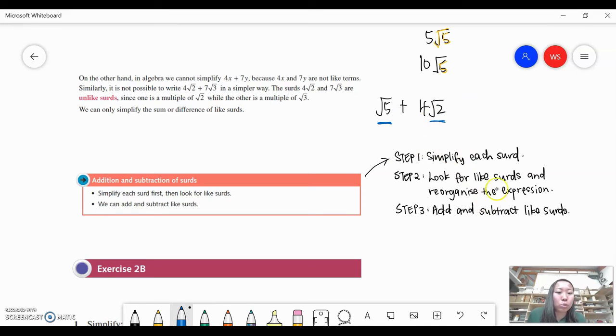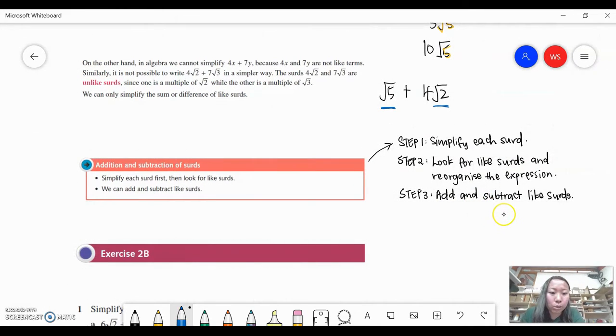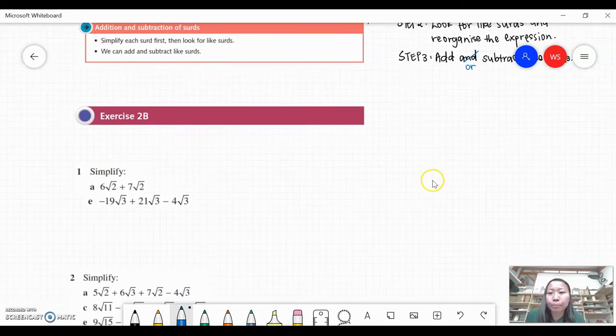Before you begin to look for like surds, reorganize your expression, and then after that, add or subtract your like surds. Okay, so it's add or subtract your like surds depending on the question itself. So let's put into practice these 3 steps as we begin to add and subtract like surds here.